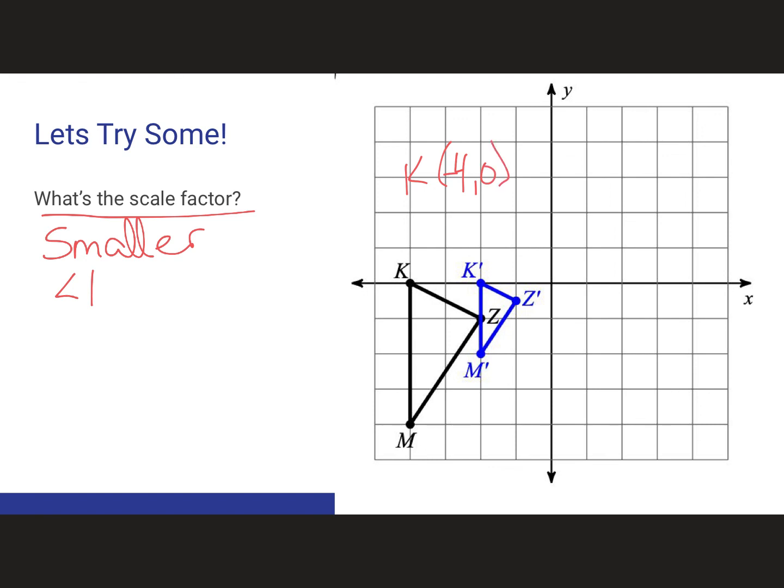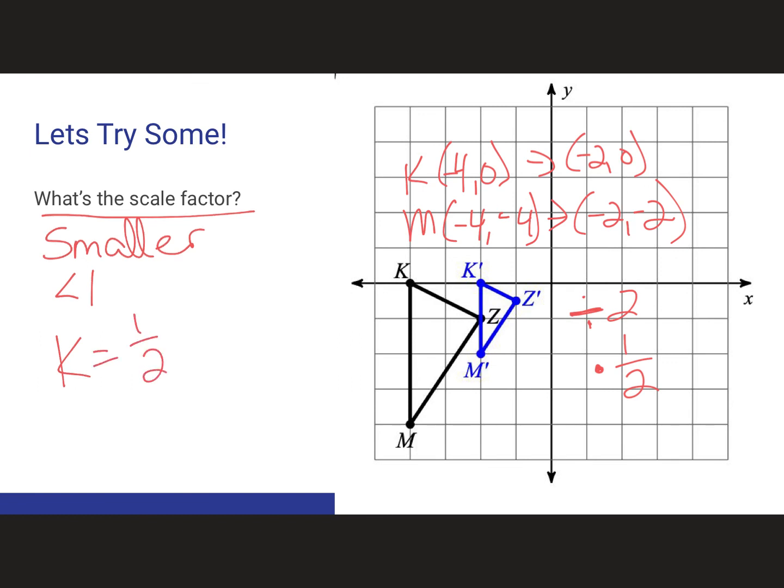And it goes to the point -2, 0. M, it's easier to tell where it is at -4, -4. And it goes to -2, -2. So I can see that I'm dividing by 2. Remember, dividing by 2 same thing as multiplying times 1/2. Okay, so here K equals 1/2.